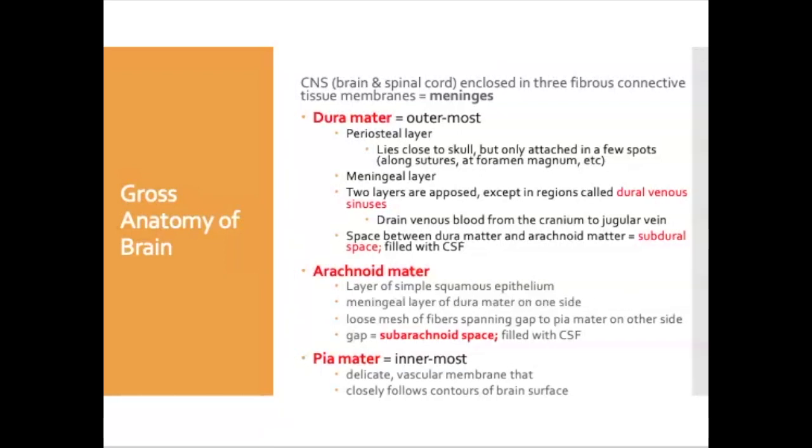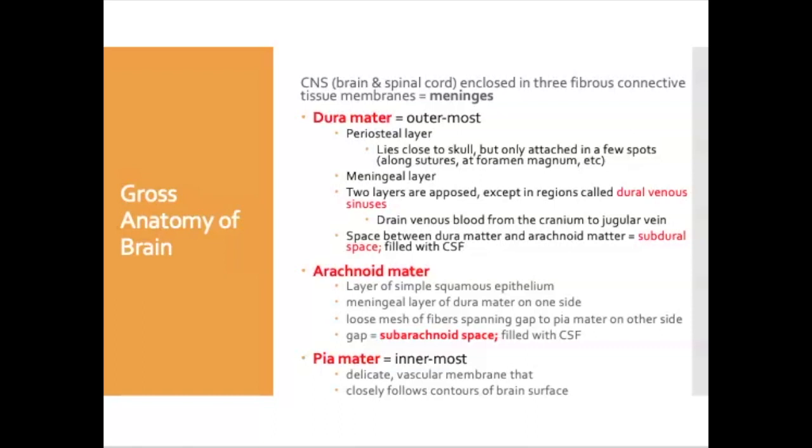Now, in between the meningeal layer of the dura mater and the next layer of the meninges, which is the arachnoid mater, in between those two layers, there is a bit of space. The meningeal layer of the dura mater and the arachnoid mater are attached to each other in a couple of places, but otherwise, we have laid those two layers on top of each other, and there's a little bit of space in between them, enough space for cerebrospinal fluid to flow between those two layers.